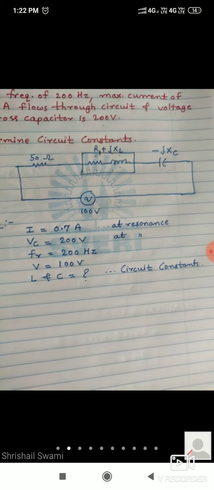Okay. Now, first of all, what can we find out? How to find out the value of C based on these inputs? Value of C, how to find out? Because VC is given. If VC is given, how to find out capacitor C with the help of current I?